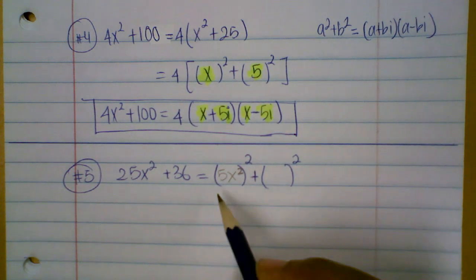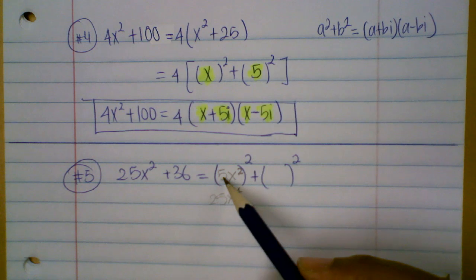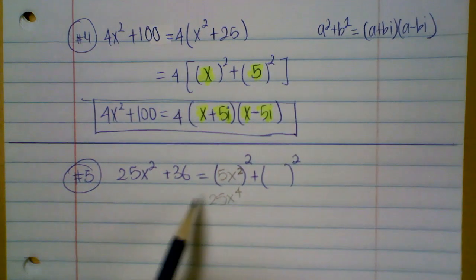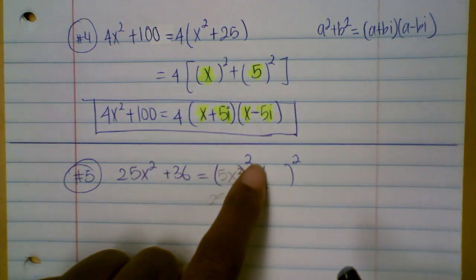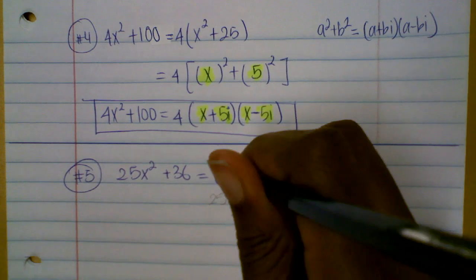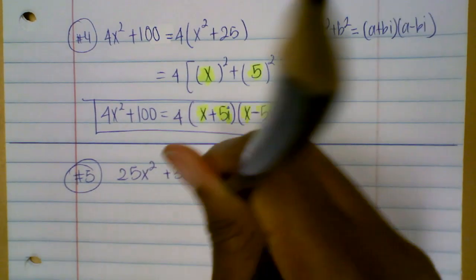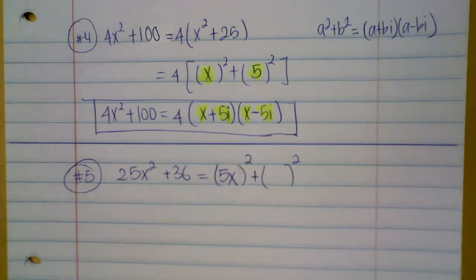So you end up with actually 25 times x to the 4th power. Because 5 squared means 5 times 5, which is 25. Are they the same? Nope. So since the square is already factored out, you don't need a square when you write it inside the parentheses. So make sure you don't write the same number again. It has to be 5x.